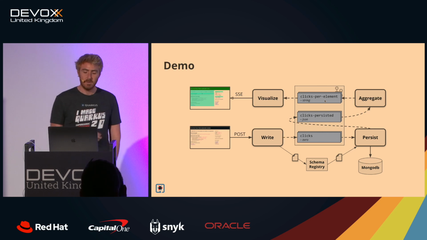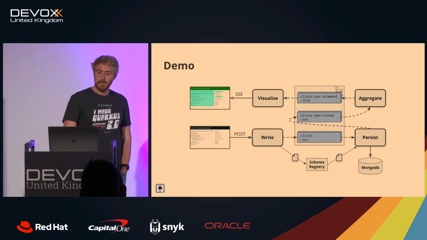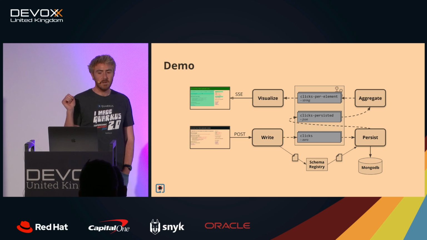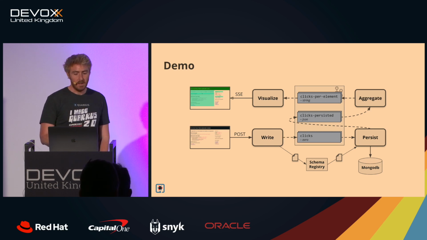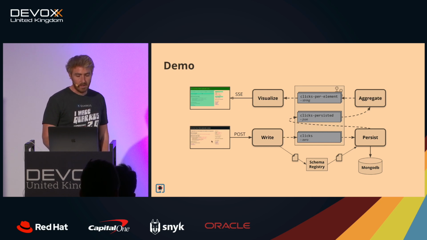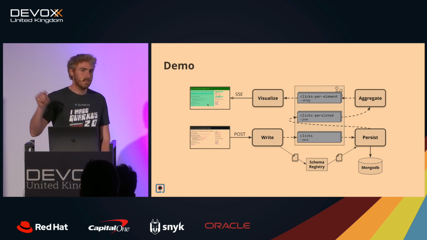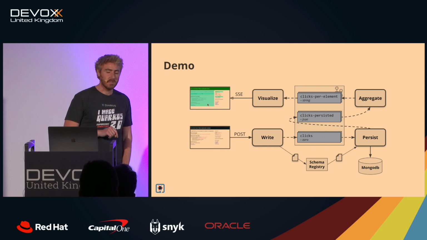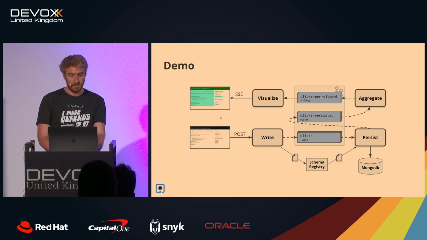That's self-explanatory. Then we will reconsume that in a last component that will push it into the web page through server-sent events. So if all that works, and it does right now, we will see how many times a certain element was clicked on the web page.